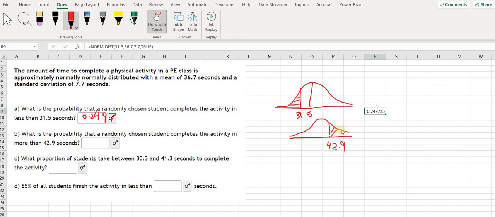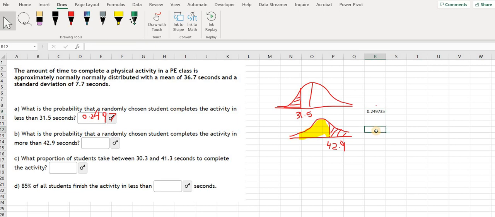We know that the normal distribution doesn't compute the area to the right, but we also know that the entire area under the curve is equal to 1. So if we say 1 minus the area to the left of that number, it's going to give us the area to the right.